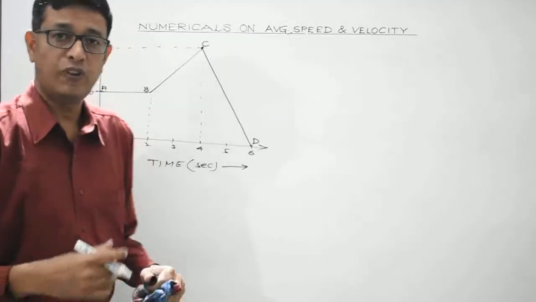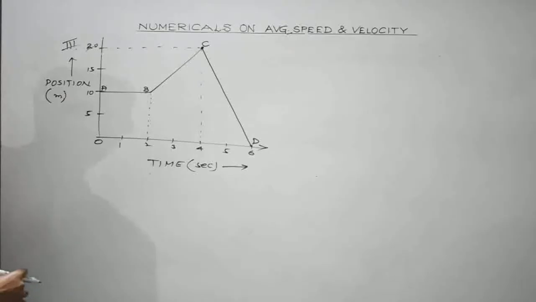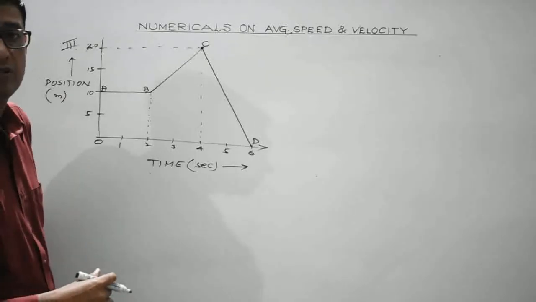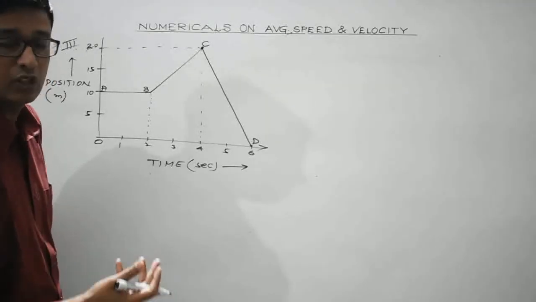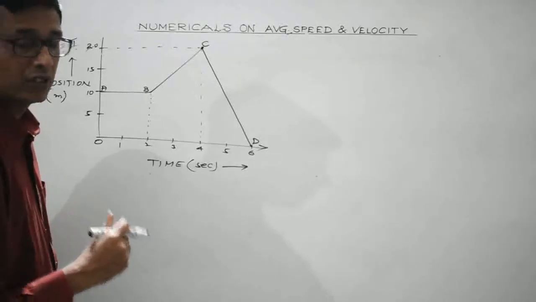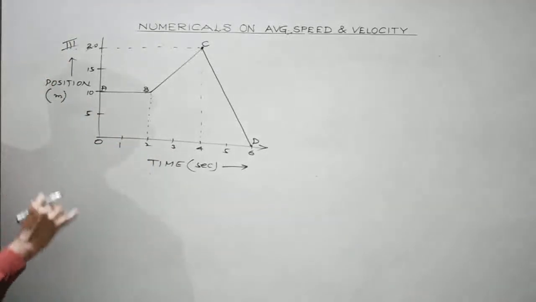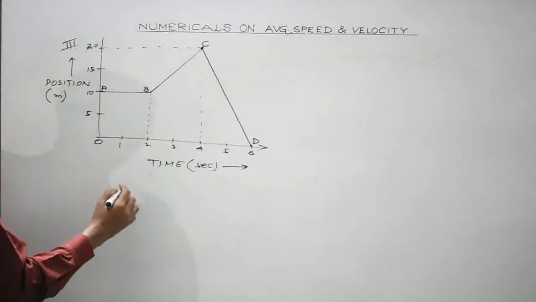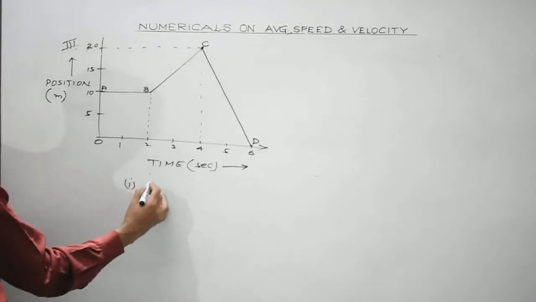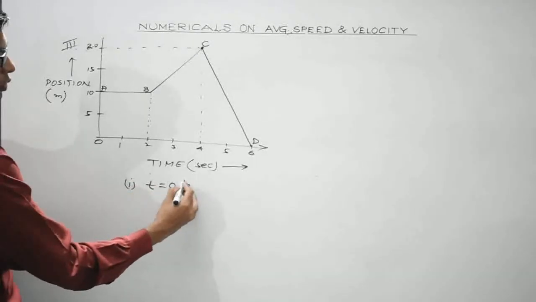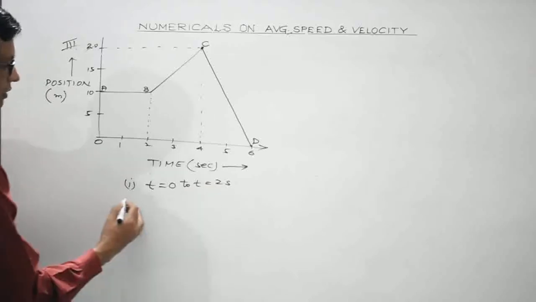We are supposed to find out the average velocity between the time interval t equals to 0 to t equals to 2 seconds.